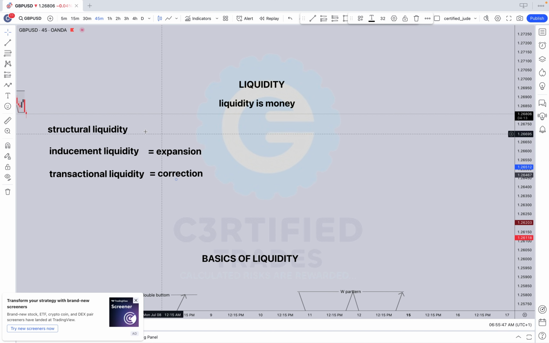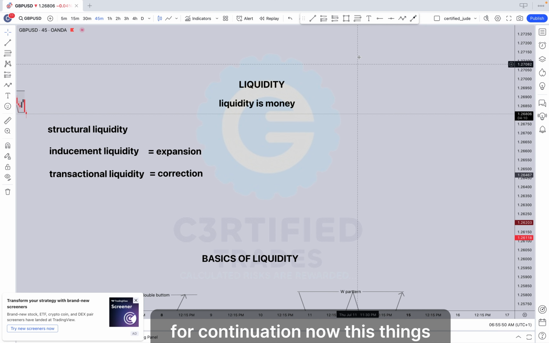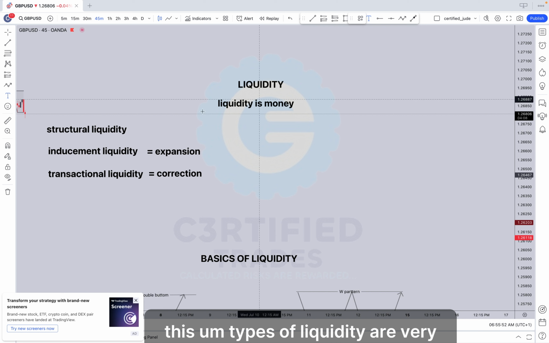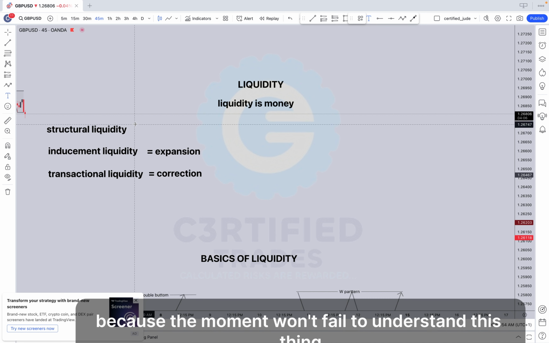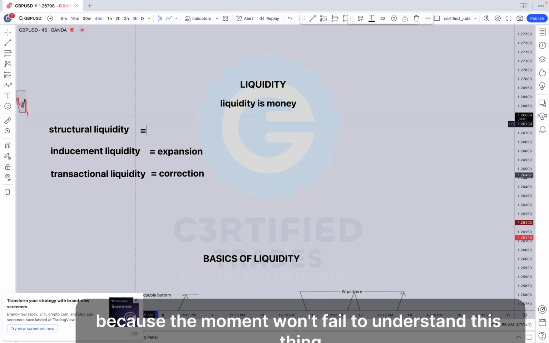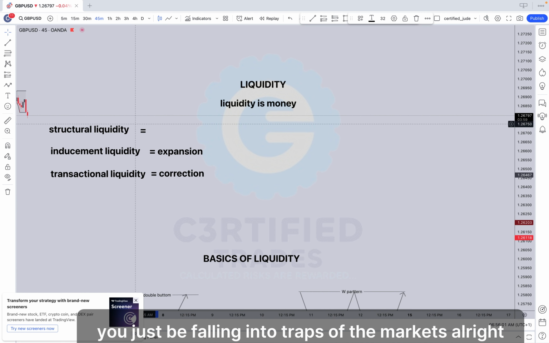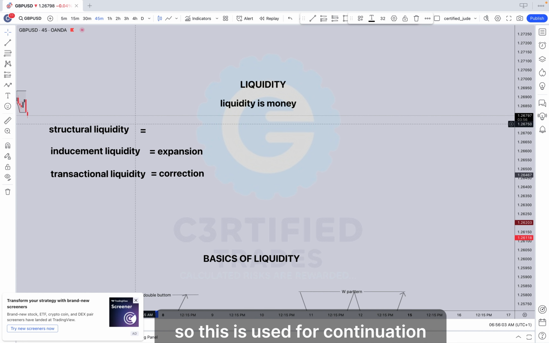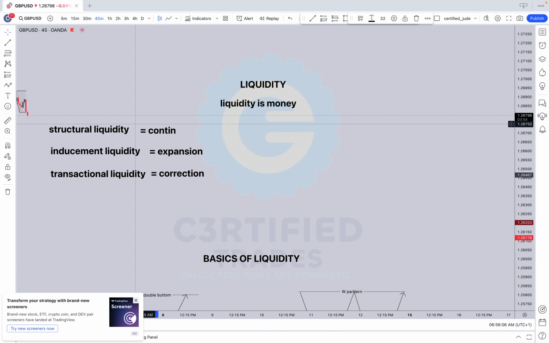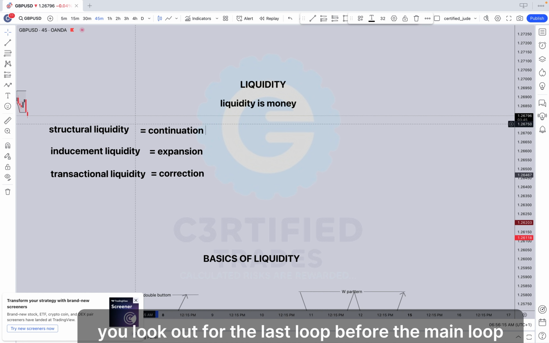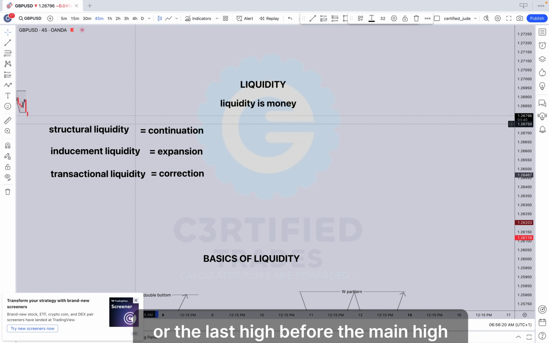For continuation. These types of liquidity are very important, because the moment one fails to understand this, you keep falling into traps of the market. So this is used for continuation. Now with continuation, you look out for the last low before the main low, or the last high before the main high.